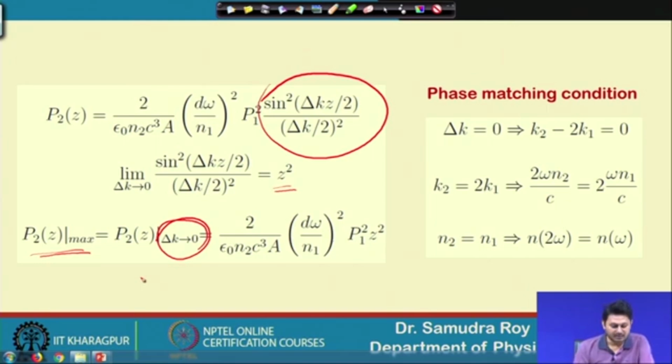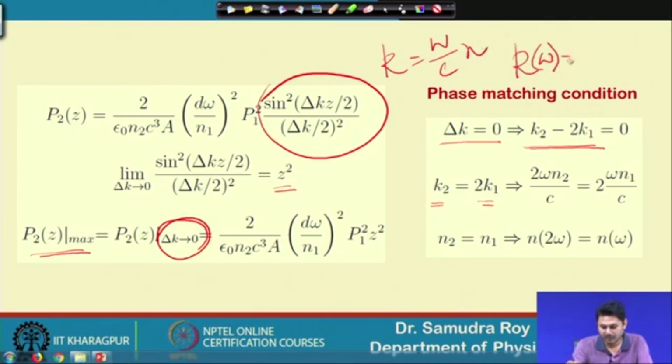So, delta k tends to 0 means what? In the right hand side we show the condition under which we have delta k equal to 0. As I mentioned, this is the phase matching condition. So, delta k equal to 0 is essentially k 2 is equal to 2 k 1. K 2 is equal to 2 k 1 means k 2 is 2 omega divided by c multiplied by n 2, which is equal to 2 times omega n 1 divided by c, because we know in general k is omega divided by c multiplied by n, or in general k of omega is omega divided by c n of omega.